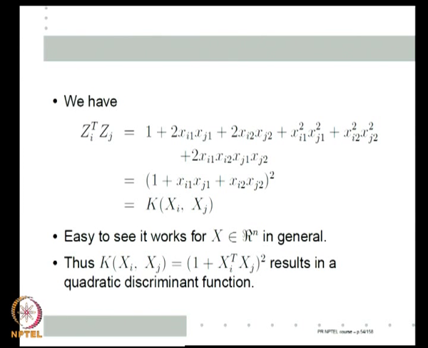In the dual, if I wanted to learn a linear discriminant function, I would have used xi transpose xj. Instead I use (1 + xi transpose xj) whole square, which is a one time computation in the dual, and then I can use the same function in my final classification. I get a quadratic discriminant function.